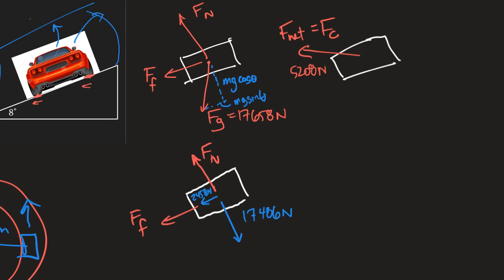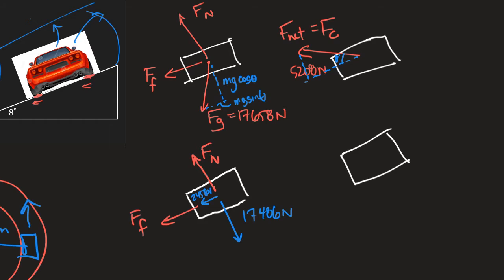So looking at the second free body diagram, how do we make components of this force over here? Well, we can do the same thing. It's going to have components in the x direction and components in the y direction. Remember, the slope is 8 degrees, so the 8 degrees is in here, because it's the same as the slope.